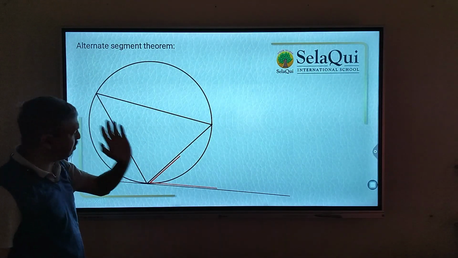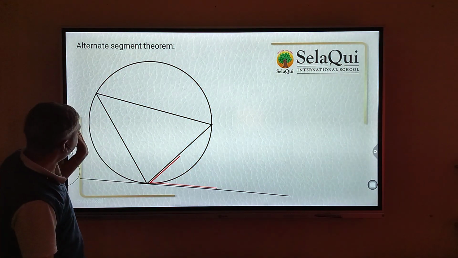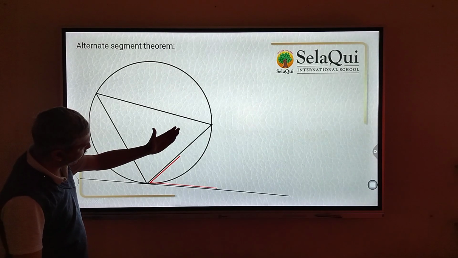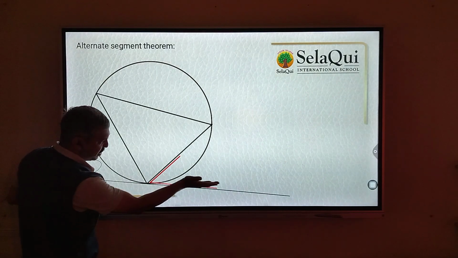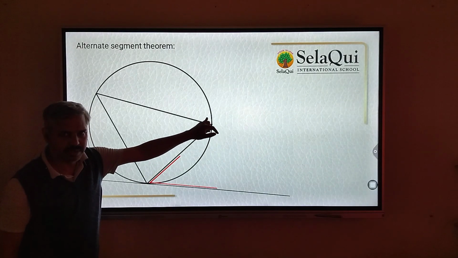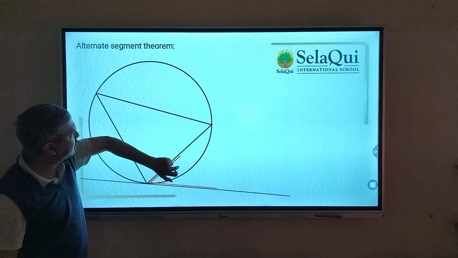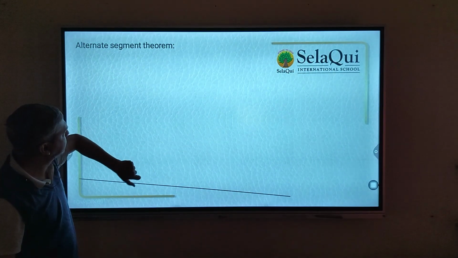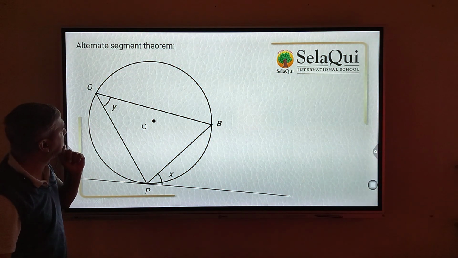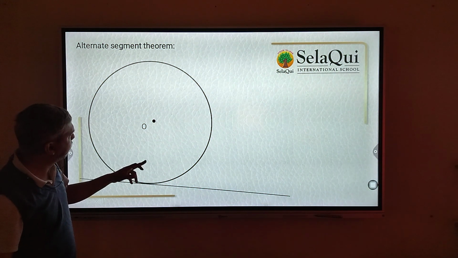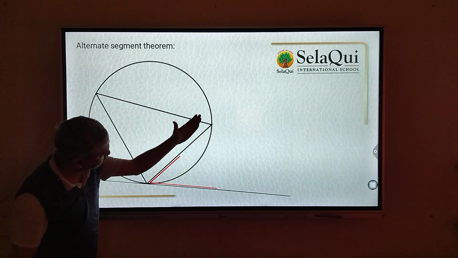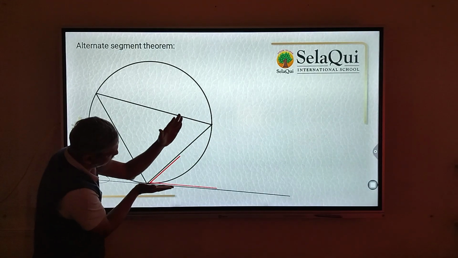Alternate segment theorem. Just pay attention to this. What we have initially is a tangent. Right at the point of contact, I will draw the chord. Right, this is the tangent, and this is the chord.